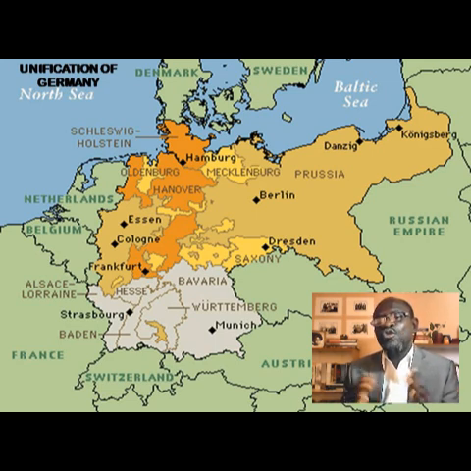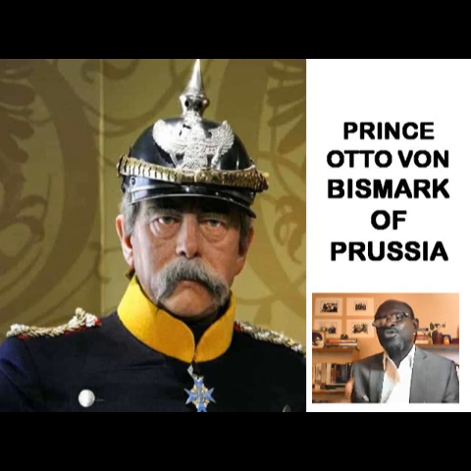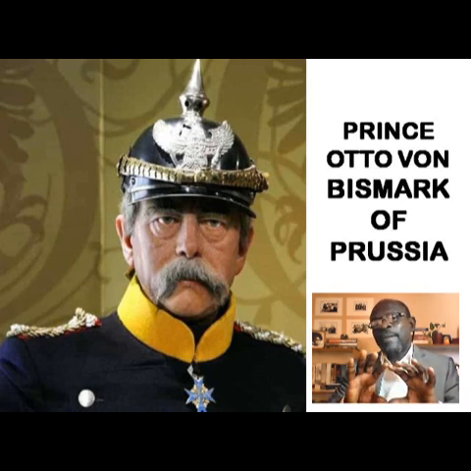And looking at these various challenges that stood before the unification of Germany, it was obvious to Prince Otto von Bismarck that the only way that Germany would be unified was going to be through war and diplomacy. It's going to be through a balance of war and diplomacy.